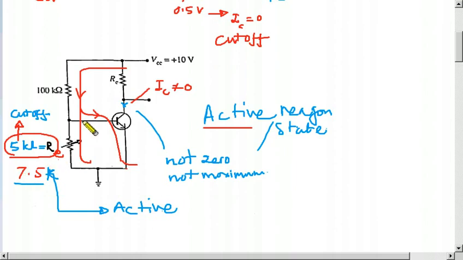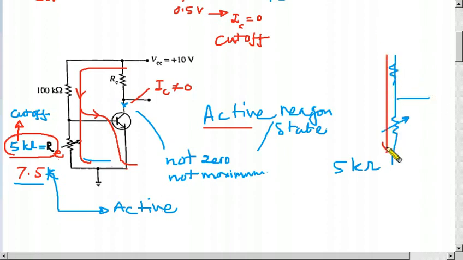At 7.5 kilo ohm both lines are conducting. At 5 kilo ohm, only this resistor is conducting, there is no base current, so the current only comes down like this, here no current.